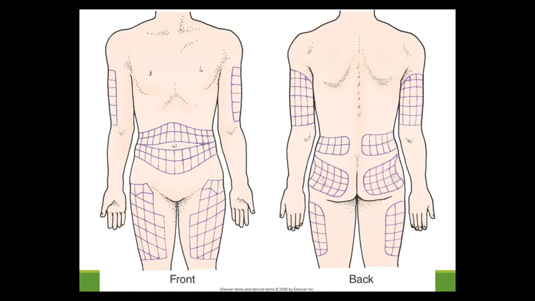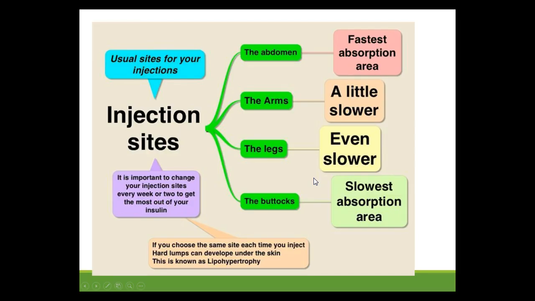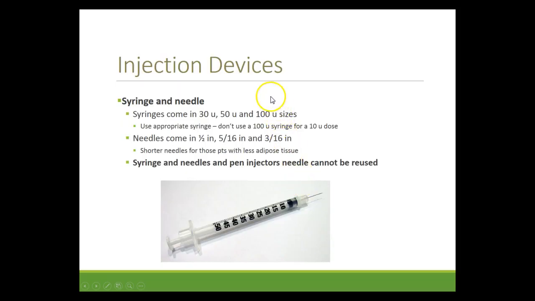Different injection sites. Fastest is going to be the abdomen, then the arms, then the thighs, and then the booty is last. And here it is again. The devices, when we talk about syringes, make sure you know how to read your syringes, know the sizes.